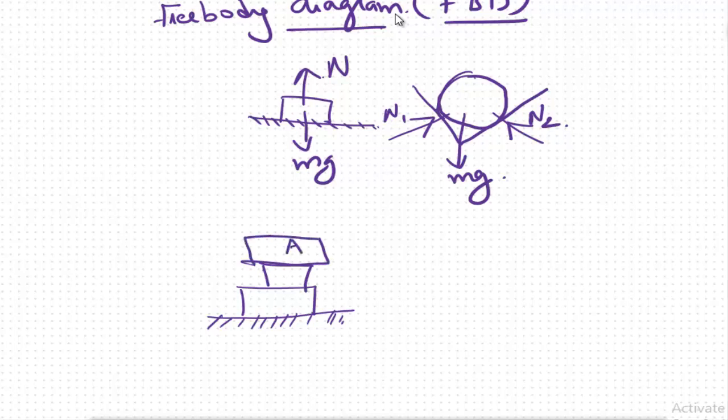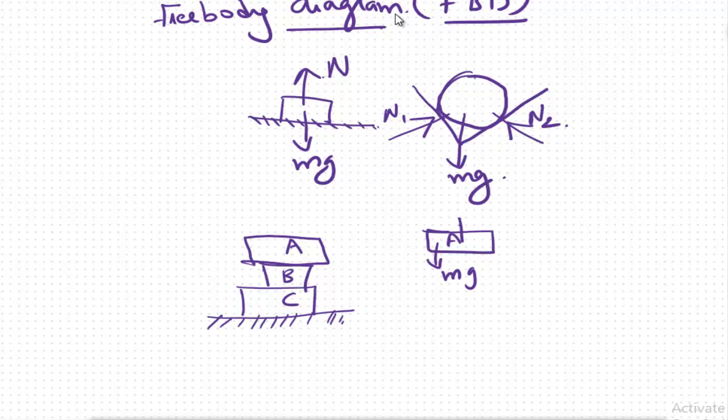This one is A, here it is B, and here it is C. Which forces are acting? First I am considering A. A will be getting mg in the downward direction. A reactional force will be acting in the upward direction. Where will that reactional force come from? It will come from B.